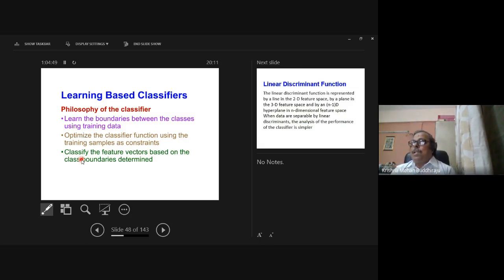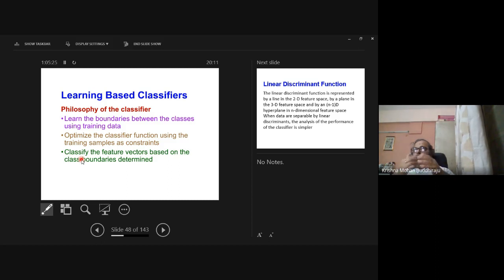To learn the boundaries between the classes using the training data, the classifier function is optimized using the training samples as constraints. That is, you design a classifier in such a way that you have the boundaries between classes in the feature space, not on the ground. In the feature space, you are able to put samples of different classes in different parts.